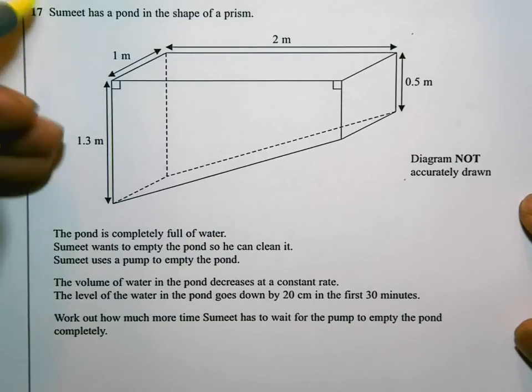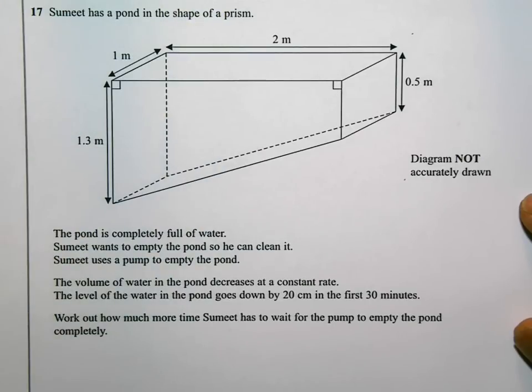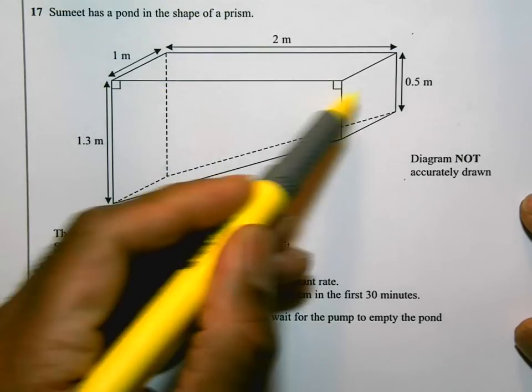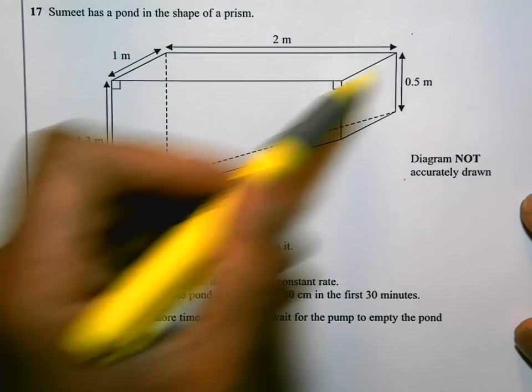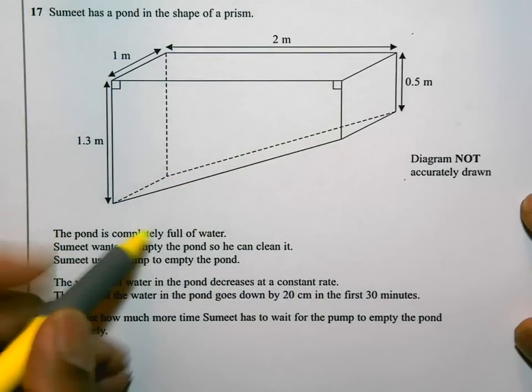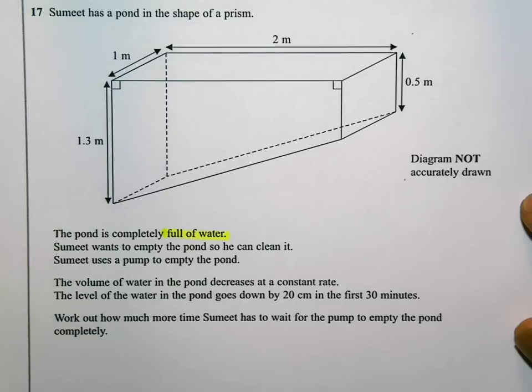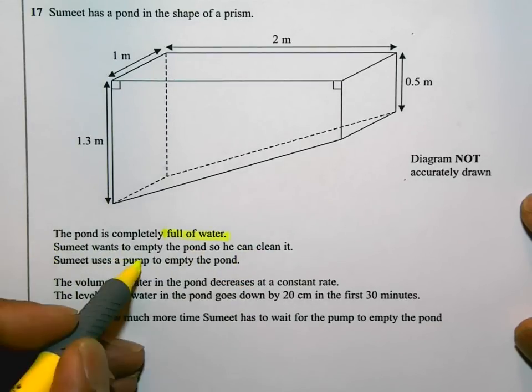Samit has a pond in the shape of a prism. And what do they mean by a prism? Well, it's got this trapezium shape front, and it goes back 1 meter each way, so that's why it is a prism. The pond is completely full of water. Samit wants to empty the pond so he can clean it. Samit uses a pump to empty the pond.